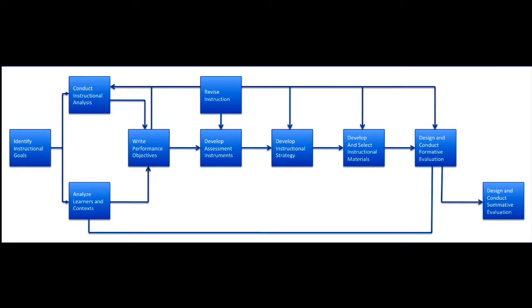At the end of the entire process, we are going to do a summative evaluation to look over the whole entire lesson and see, man, these items right here worked brilliantly. A few of the items right here didn't quite work out very well, and they need to be revised.